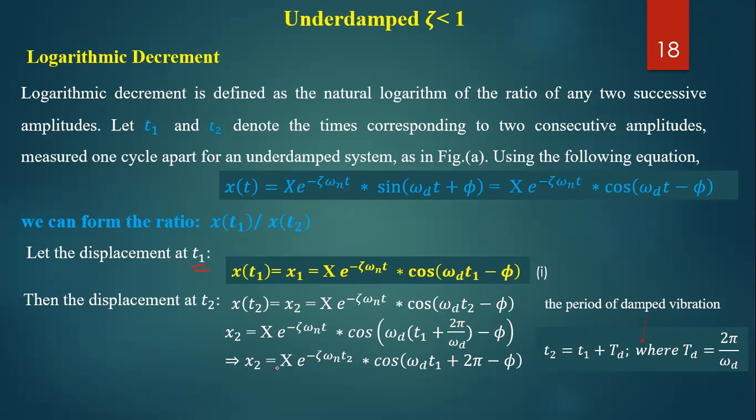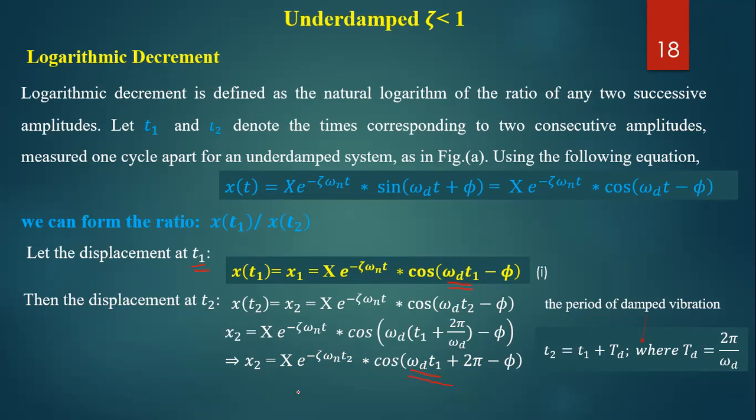Then x2, after rearranging this, we can get X e^(-zeta omega_n t2) times cos(omega_d t1 + 2 pi - phi), because now our terms are changed to t1 terms, which is easy for us to evaluate, in the same form, plus 2 pi minus phi.